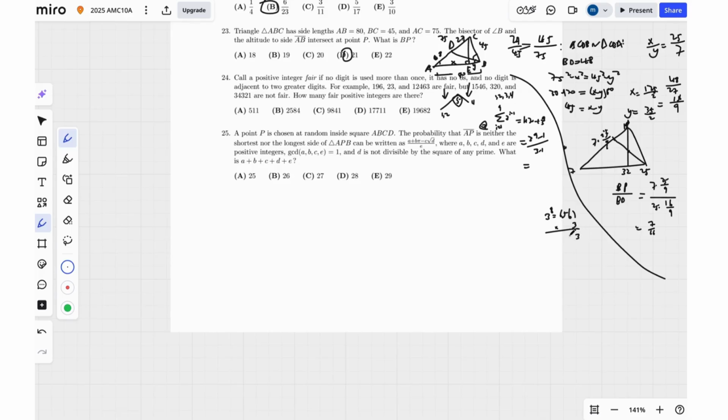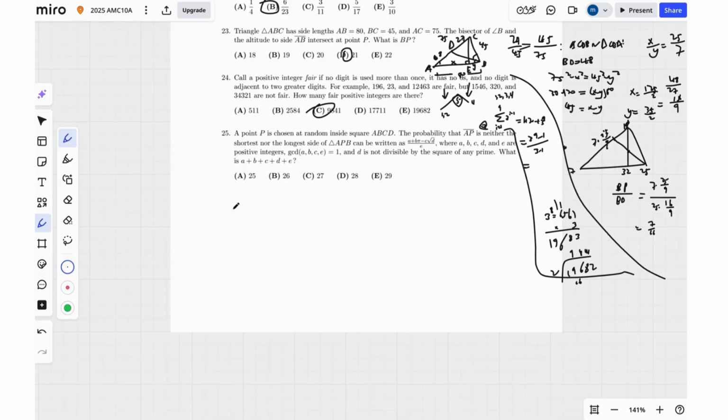Add this instead. There we go. That looks more like it. So this divided by 2 is 9, 8, 4, 1. So it's C. There we go. Just a lot of calculations.